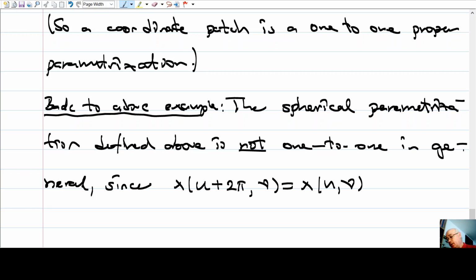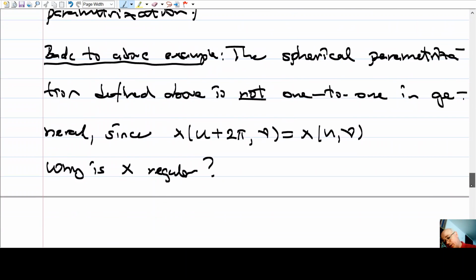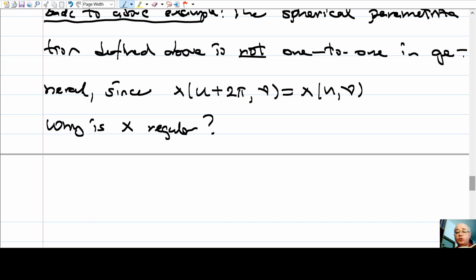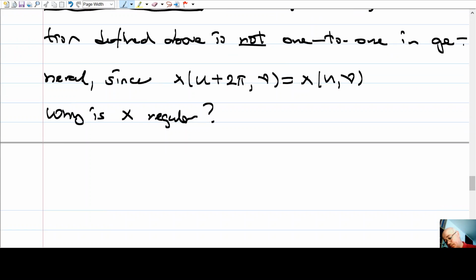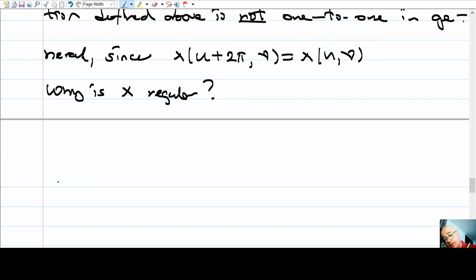Okay, well, why is x regular? To check whether it is regular or not, we have to compute its derivative. But we can do something simpler.